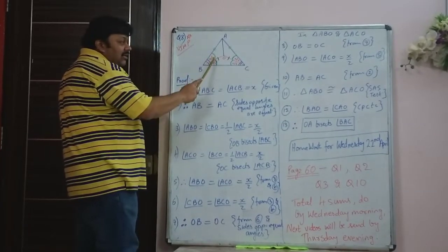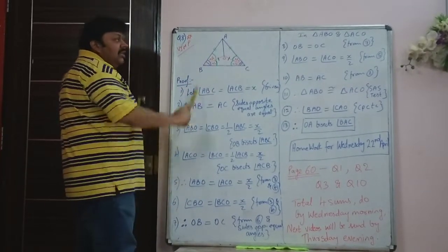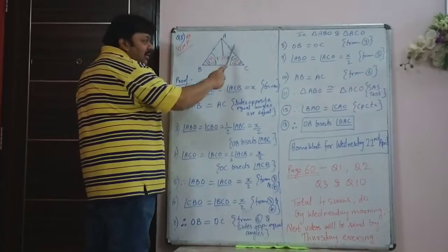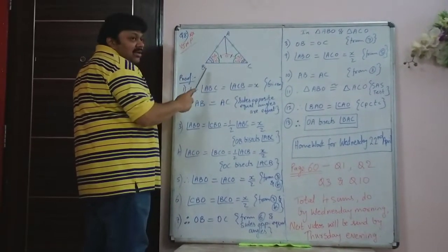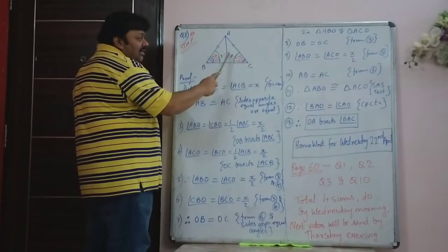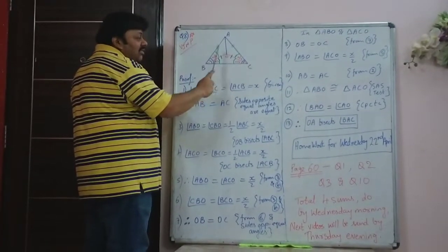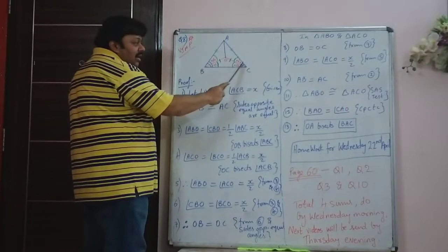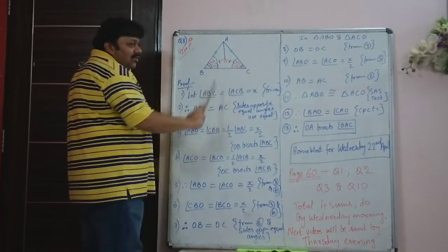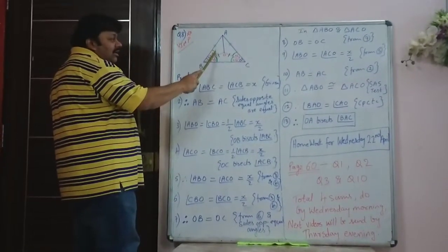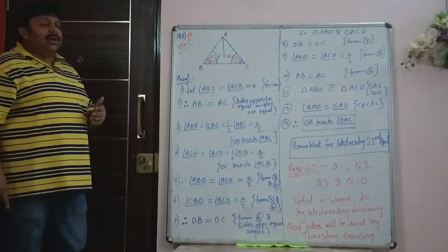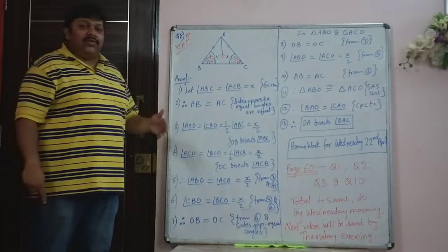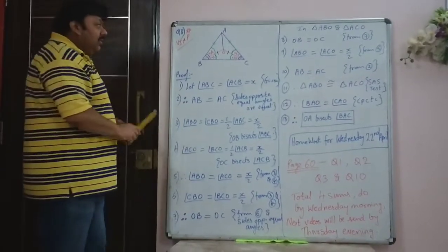So each part is x by 2, x by 2. Similarly, on the other side, because OC is the bisector of angle ACB, therefore ACO is equal to BCO. Both are half of x, that is x by 2, x by 2. So actually you are getting this, this, this and this. All the 4 parts are x by 2.